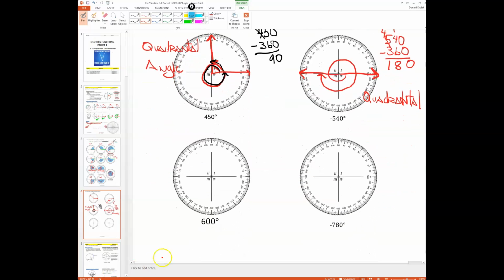All right, 600 degrees in the positive direction. That's going to be one time around, that's 360. If we went two times around, it would be 720. So it's going to be less than two rotations.